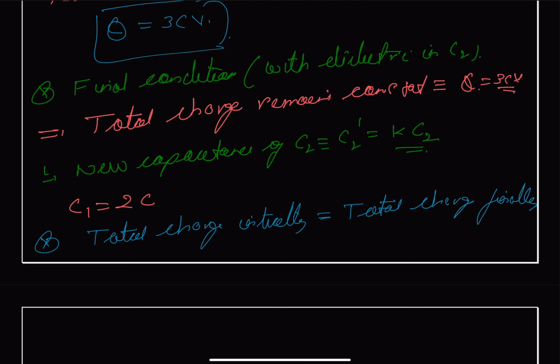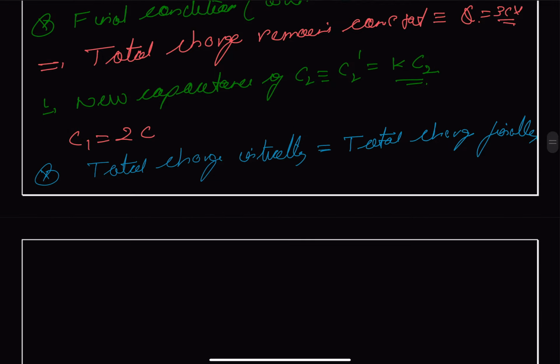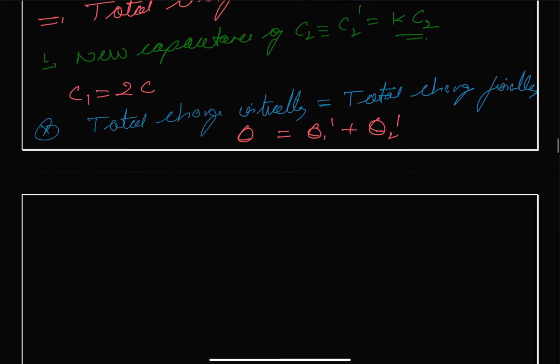Initial charge we know is our Q, and final, let us suppose we have Q1 prime plus Q2 prime, and we can easily find out Q1 prime and Q2 prime.